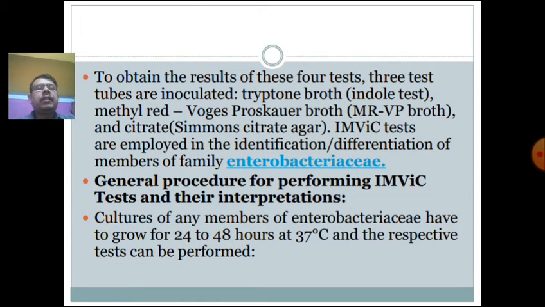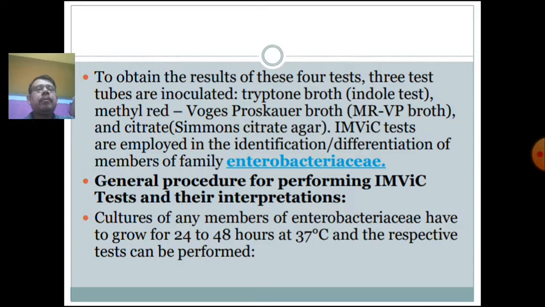To obtain the results of these four tests, three test tubes are incubated: tryptophan broth for the indole test, methyl red Voges-Proskauer test broth, and Simmons citrate agar. The IMVIC test is employed in the identification and differentiation of members of the Enterobacteriaceae.